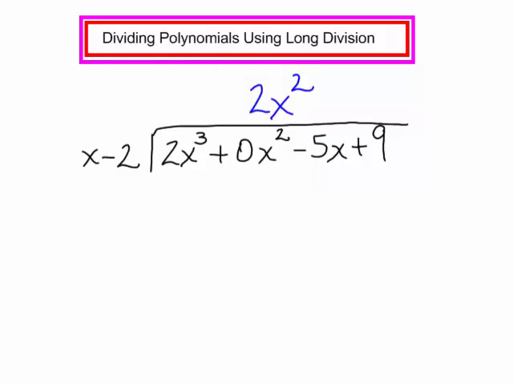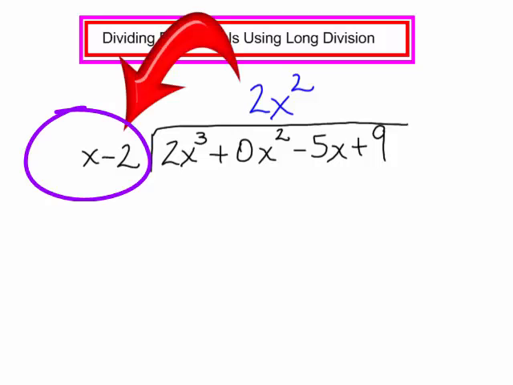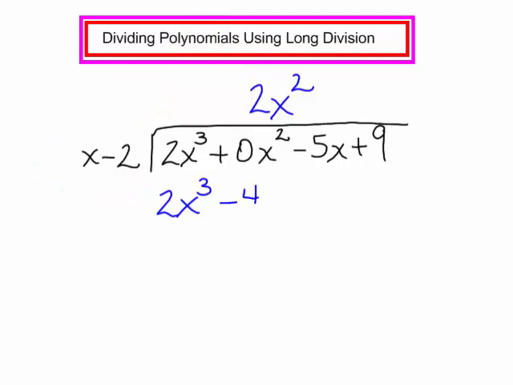Let's take this 2x squared, multiply it by the divisor, which is a binomial. 2x squared times x is 2x to the third, exactly what I wanted. And 2x squared times a negative 2 is negative 4x squared.